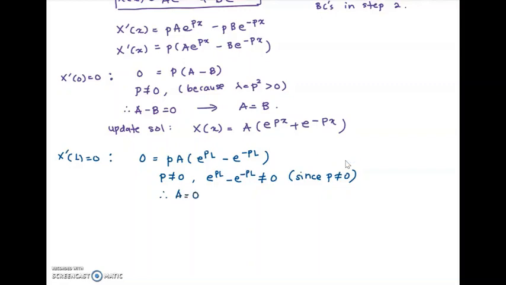So when A equals 0, see what happened to our solution. From here, when A equals 0, x will be 0. So we have X of x equal to 0, our current solution.